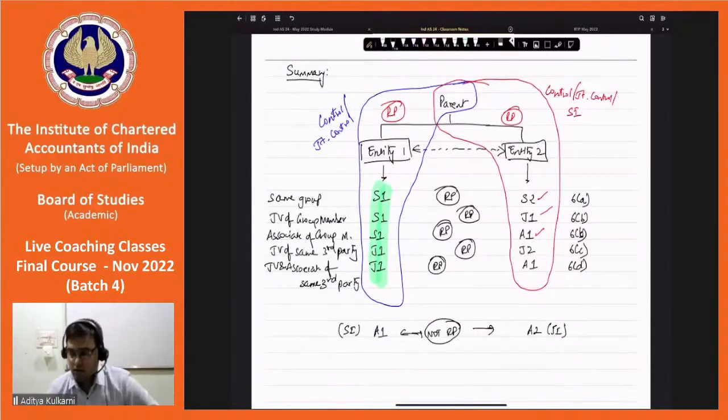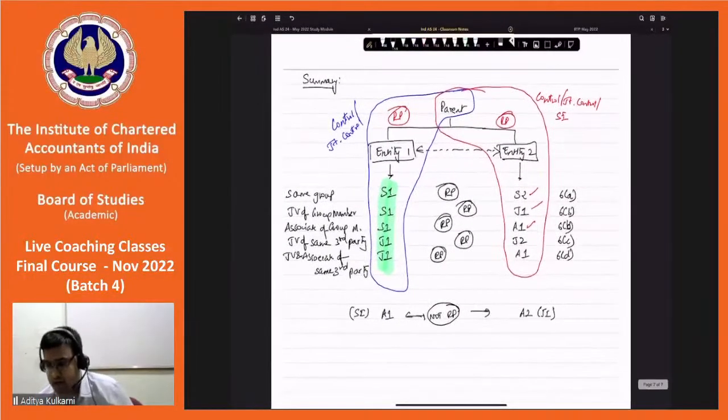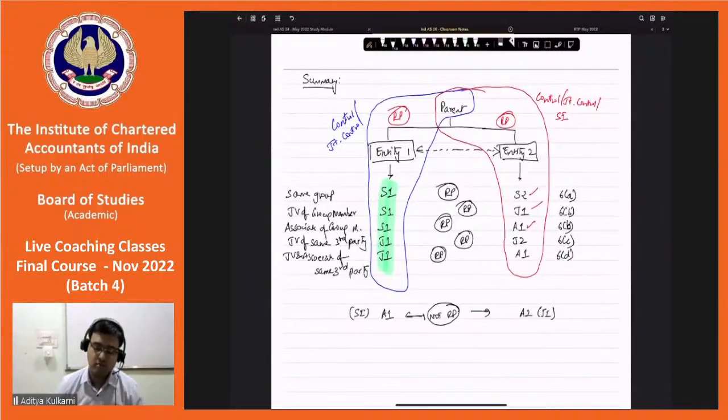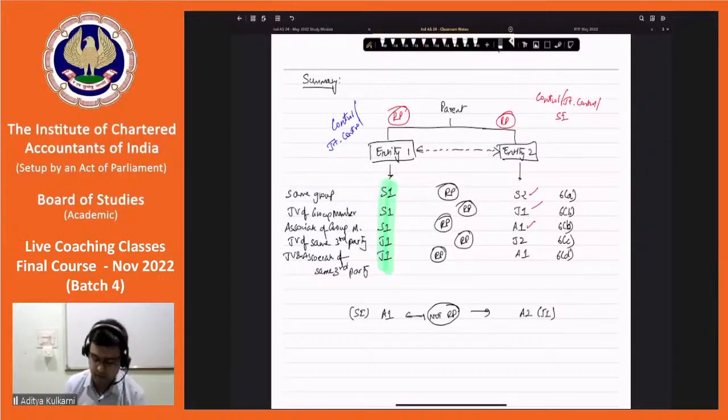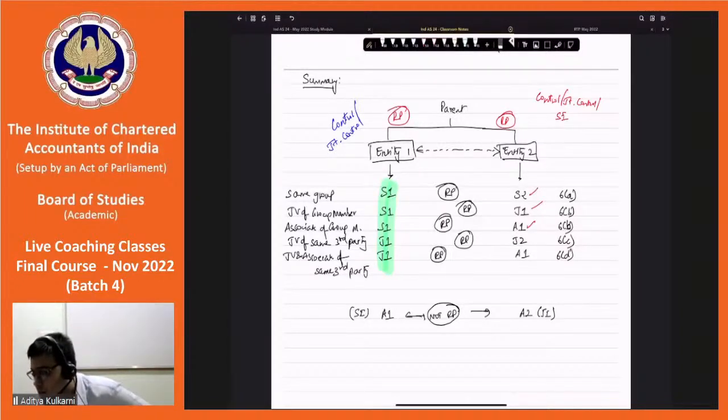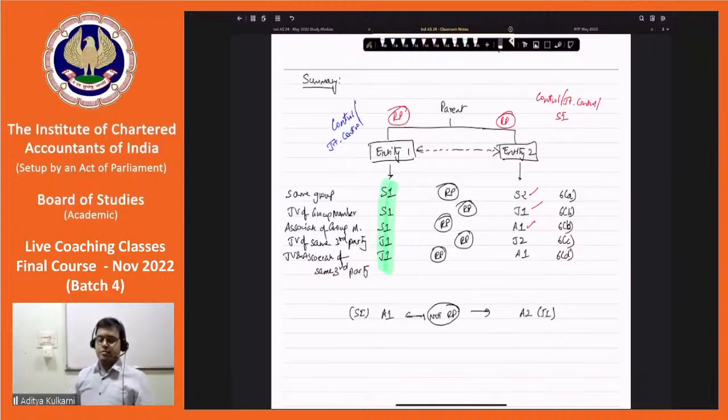Have you understood? And note this chart down, please. Very, very important.